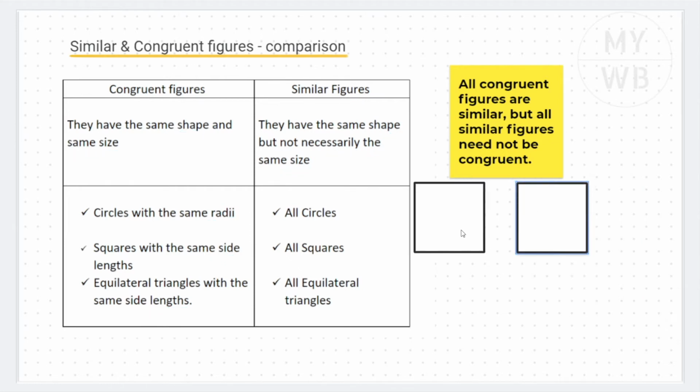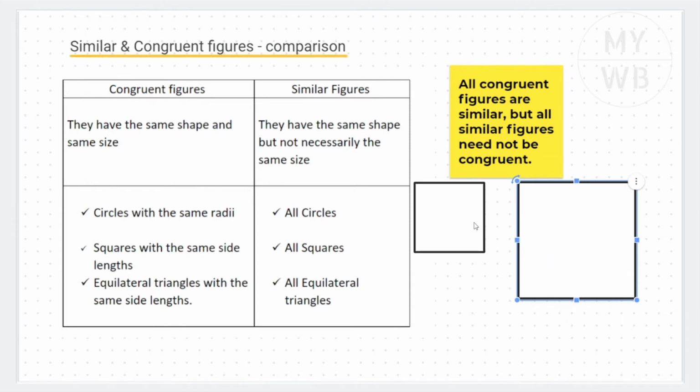Similarly, consider these two squares. Both have equal side lengths. So these two squares are congruent. We can also say they are similar. If we magnify one of these squares, again the shape is retained. It still continues to be a square, but the size is increased.